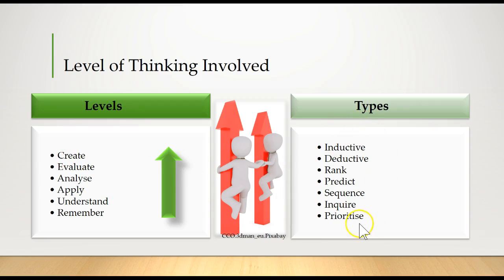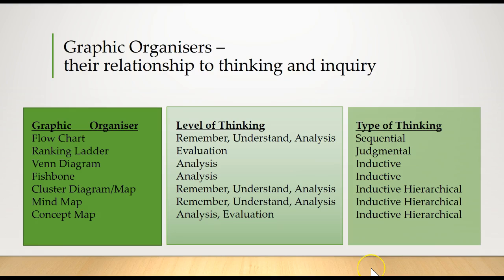Now the types of thinking that's involved is prioritize, inquire, sequence, predict, rank, deductive, and inductive. And again, it ranks from the bottom to top, top being the highest order of thinking. Where does that leave us with our graphic organizers?